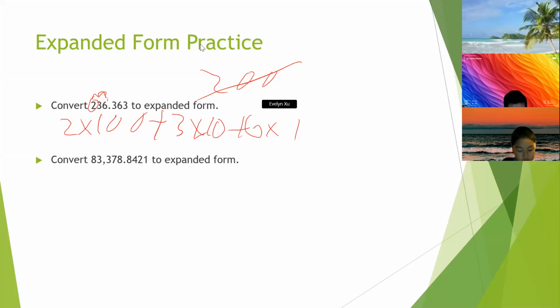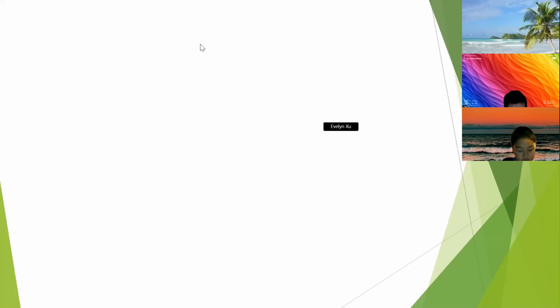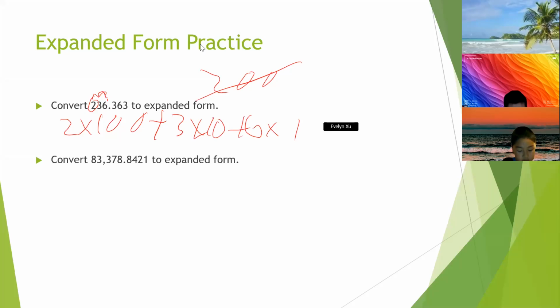Now we move on to the decimals. First we have 0.3. 0.3 is the tenths digit since it's 1 digit right of the 6. So we're going to do plus 3 times 0.1.